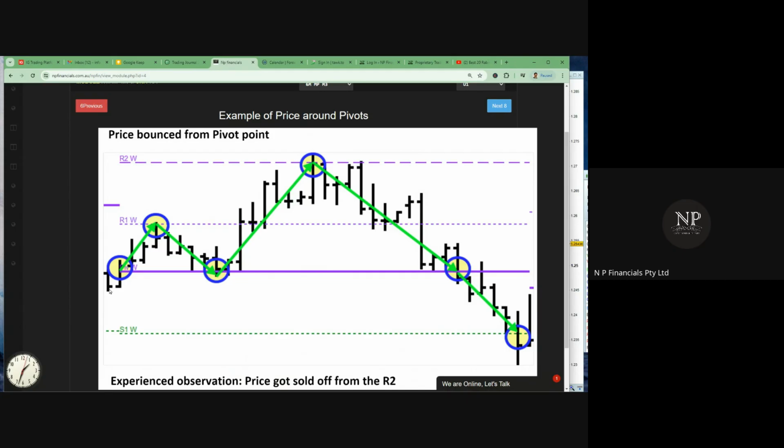So when price came from below to above and stayed there, it went up to R1, got profit booking, then came back to the pivot to retest the commitment, eagerness, and willingness of the buyers.